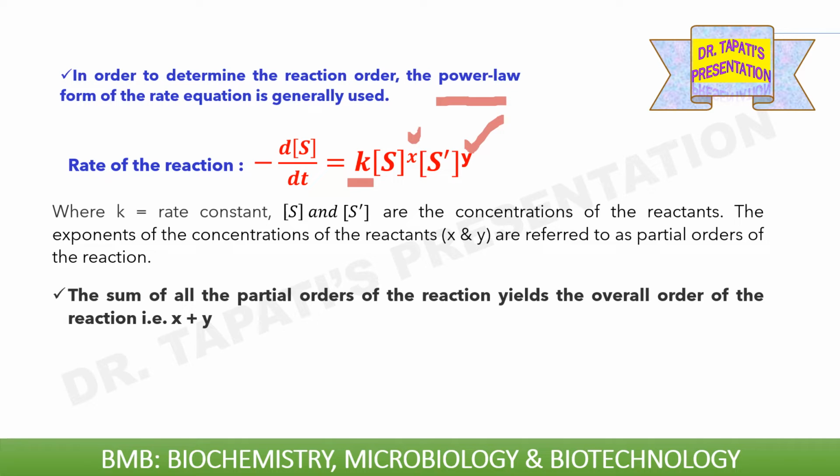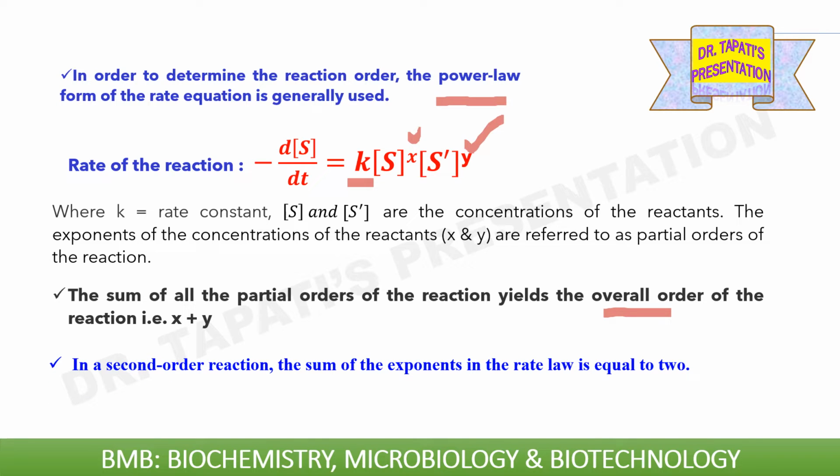The exponents of the concentrations of the reactants, X and Y, are referred to as partial orders of the reaction. The sum of all the partial orders yields the overall order of the reaction, that is X plus Y. Now, in case of a second order reaction, the sum of the exponents in the rate law is equal to 2, so X plus Y is equal to 2.